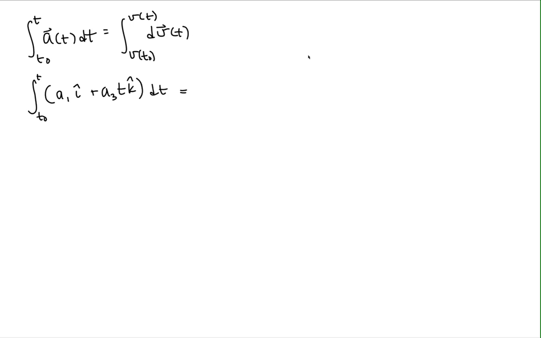The definite integral of a velocity differential is just going to be the velocity evaluated at its value at t naught and its value at t. So let's distribute the integration into both components.